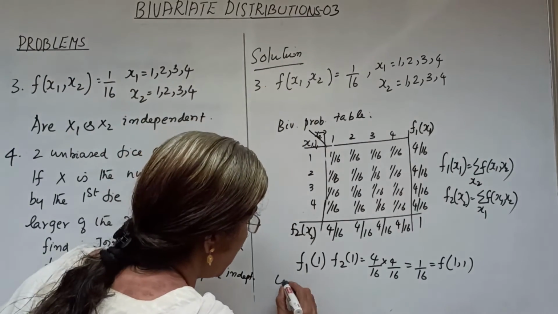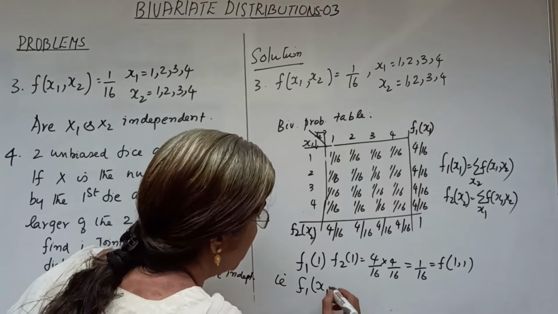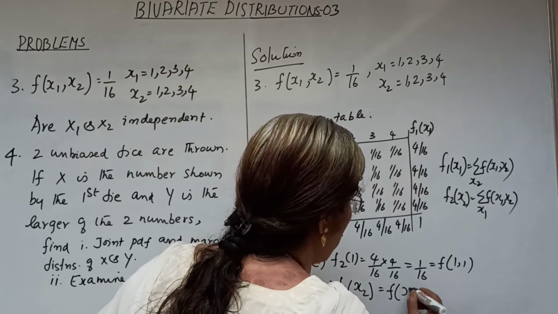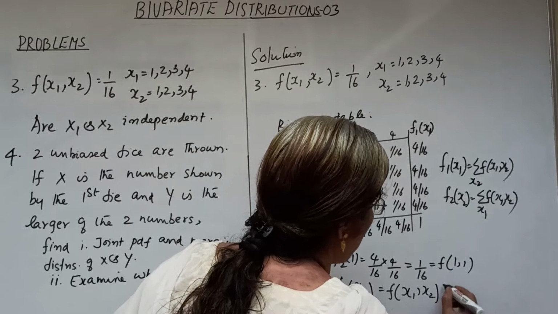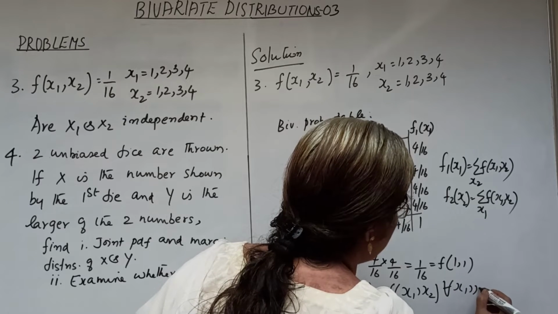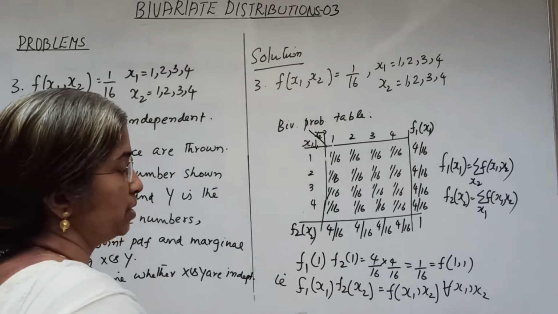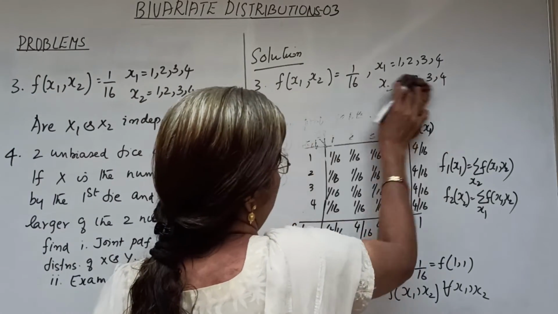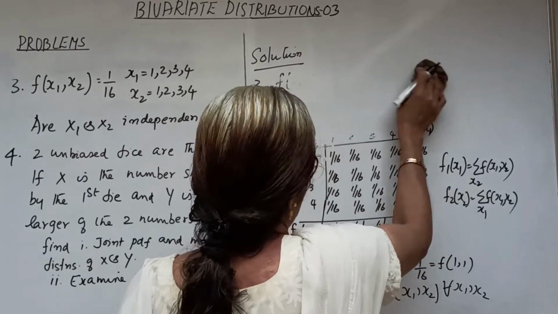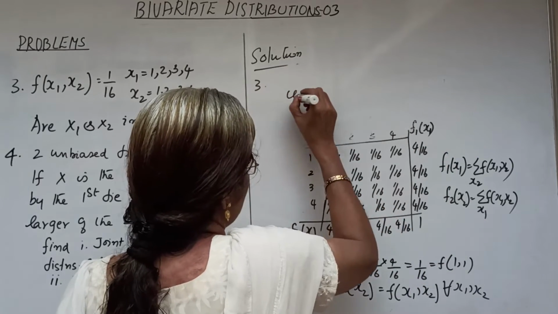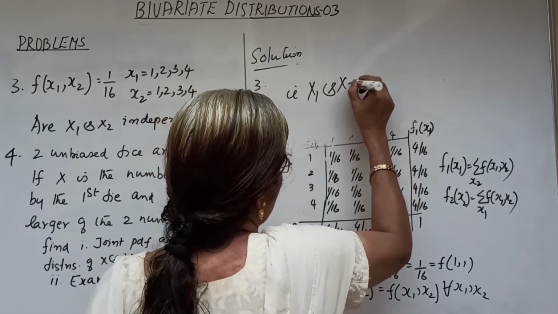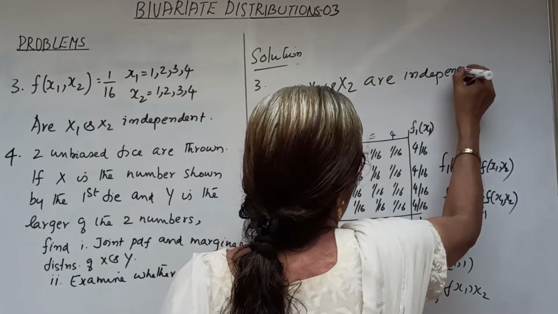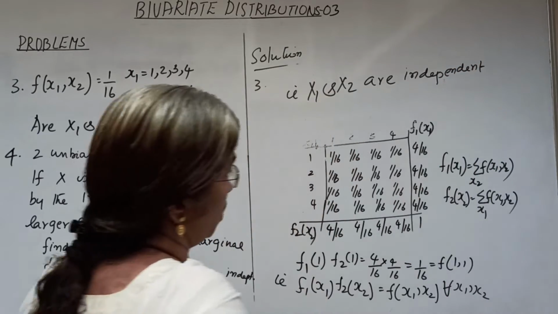That is, f1 of x1 into f2 of x2 equal to f of x1, x2 for all x1, x2. We obtain these values for all x1, x2, so the condition is satisfied. So x1 and x2 are independent. So the first problem is over.